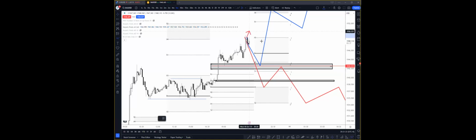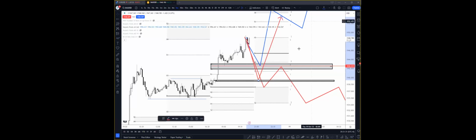If it doesn't close above this, it retreats back to this order block before moving higher. Okay, and our first target point is still this level for buys. I can highlight it here, the halfway point between R2 and M4, 1955, which is roughly a 17 pip move.